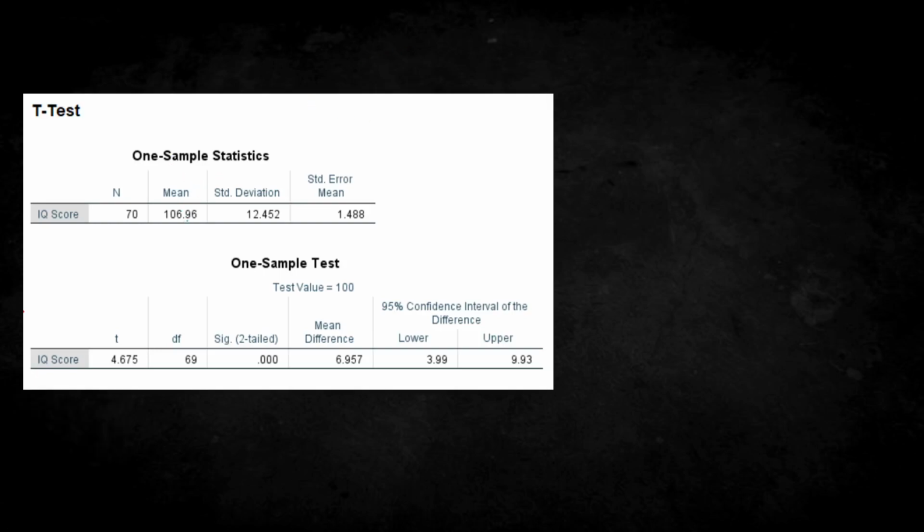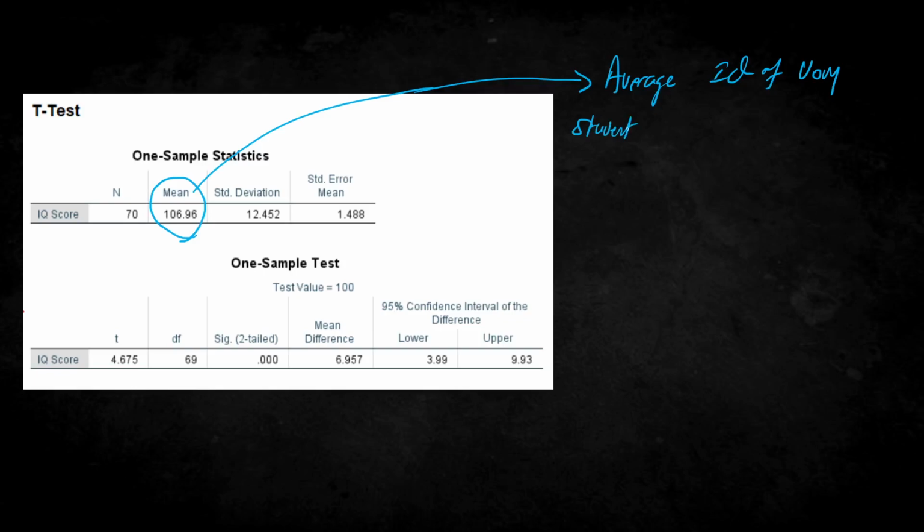So first thing to note is that that's our calculated mean value. So that's represented by X bar. So average IQ of students, calculated from observed data that we have.